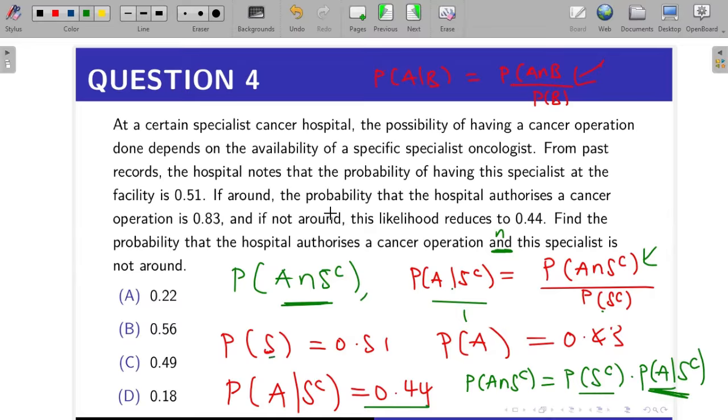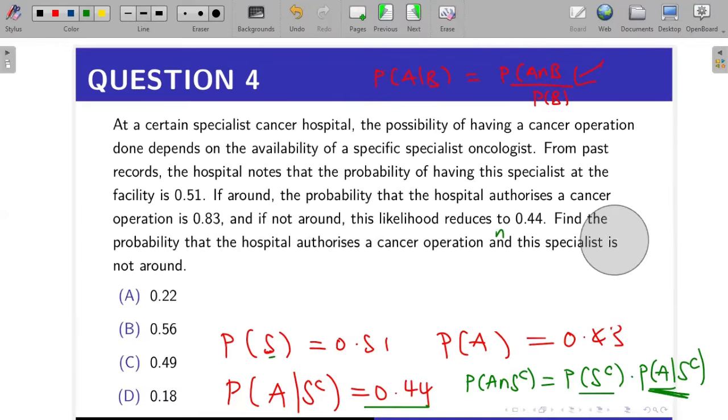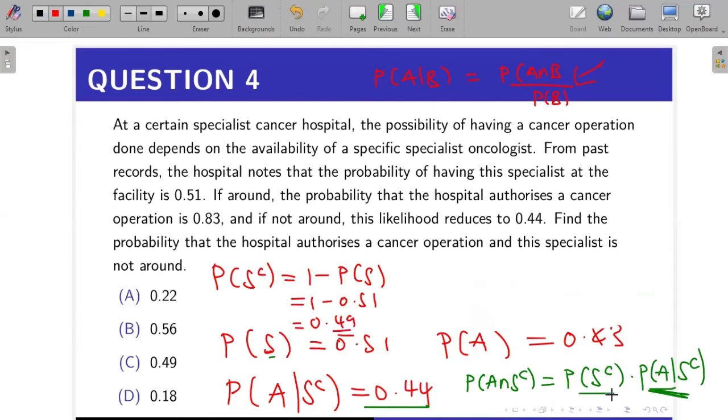We have the probability of S, so we can easily find the probability of S complement by the complement rule. The probability of S complement is equal to 1 minus the probability of S, so this is 1 minus 0.51. What does that give me? It gives me 0.49. Okay, so that's what I'll put here.